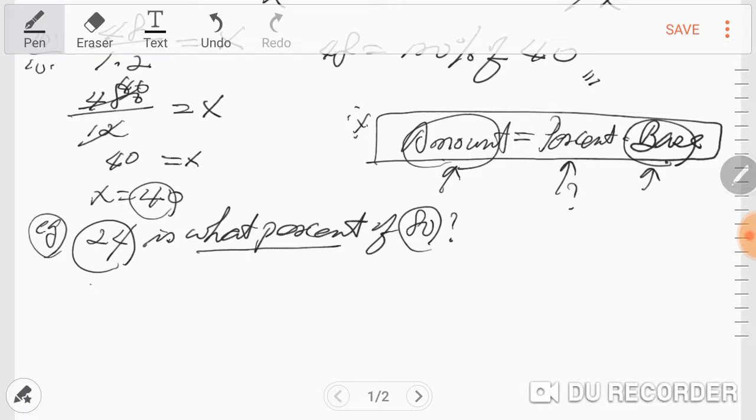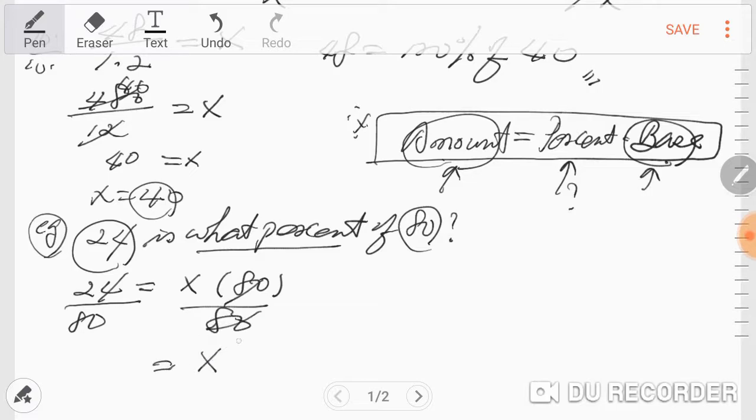So write an equation. 24 is equal to what percent? Let's make it an x. So x times 80. From here, we divide each side by 80.